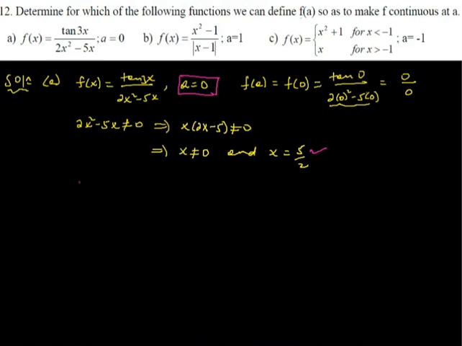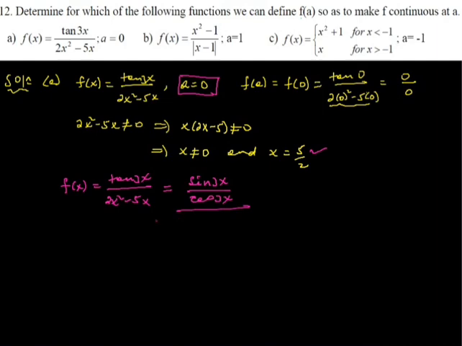For example, if we take f of x equals tan 3x over 2x squared minus 5x, obviously x cannot be 0 and x cannot be 5 over 2. But tan 3x means sine 3x over cos 3x.